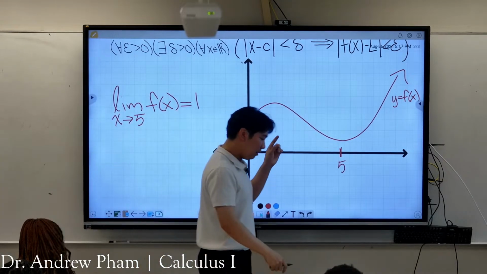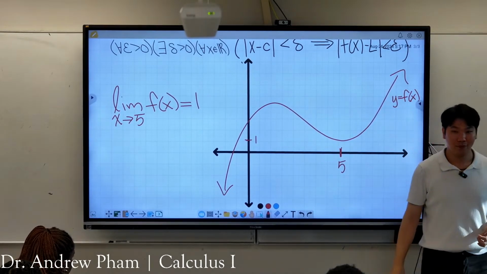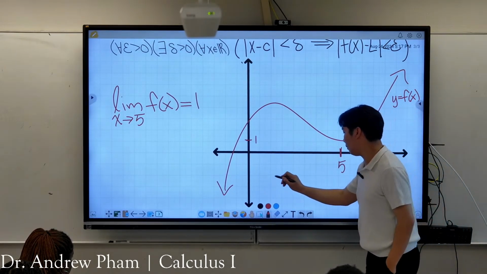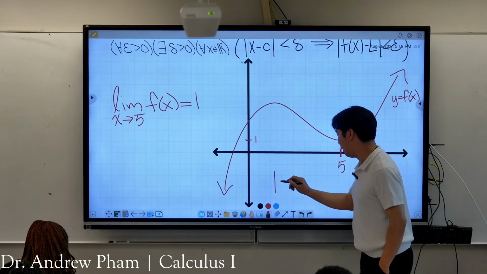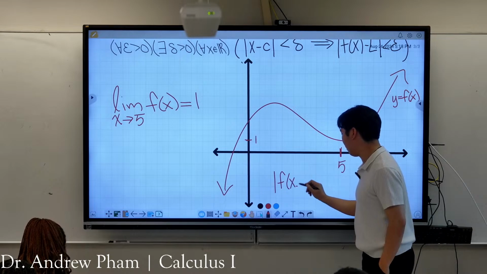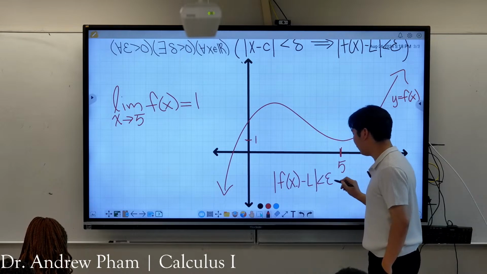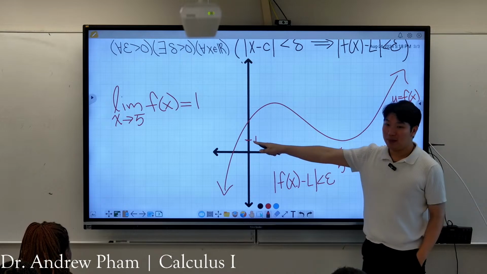So it started off with defining an epsilon. Remember, it had something like whenever we have f of x minus L is less than epsilon, we have the limit here, 1.